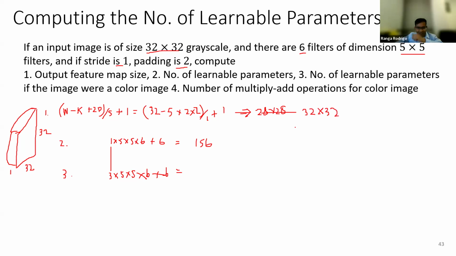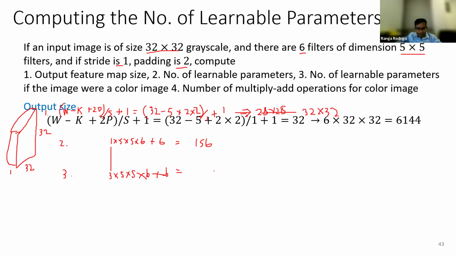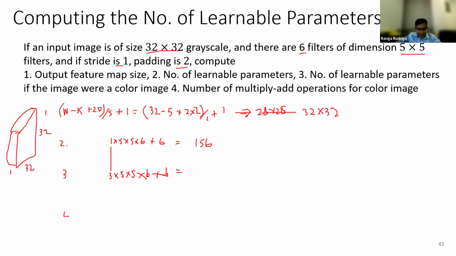I'm sorry about that. Number of multiply and add operations. To do that, we have to consider the size of the output feature map, the output tensor. The output tensor is, as you can see from here, a 32 by 32 tensor. And the depth is 6 because there are 6 convolution kernels. So to compute each of these cells, you have to give computational power because you have to run a convolution for the color image.